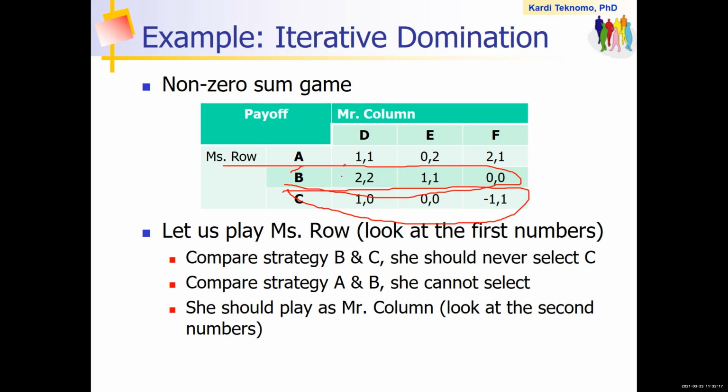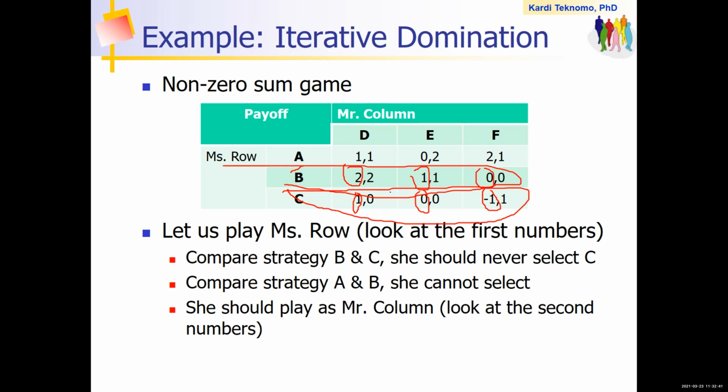2 is larger than 1. B wins, right? 1 is larger than 0. So again, B wins. 0 is larger than -1. Oh, for all possible actions of columns, B always wins.